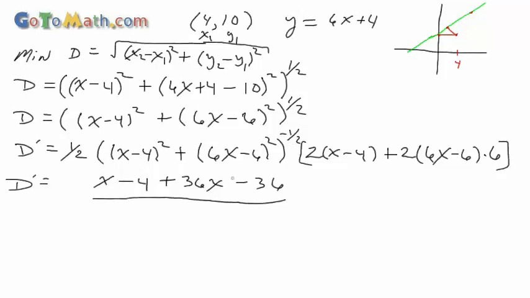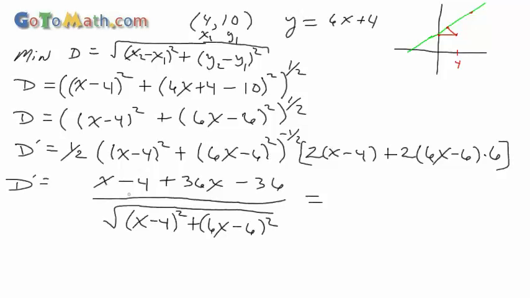And you know what? I'm just going to go ahead and write this back into radical form. X minus 4 squared plus 6x minus 6 squared. Alright, so you know what, I'm just going to write it right over here. How's that? We'll clean this up.